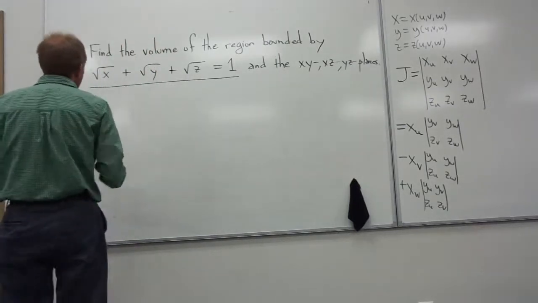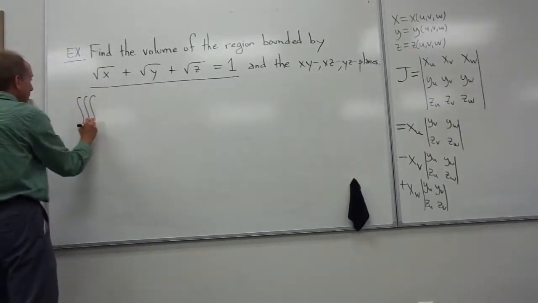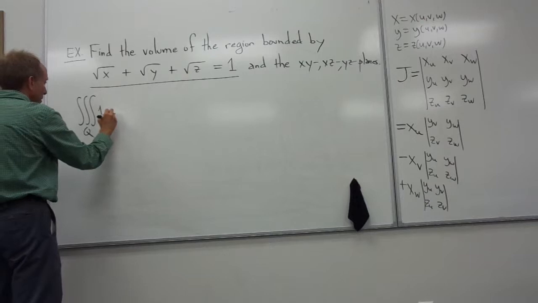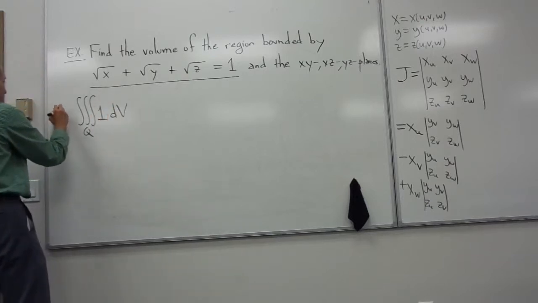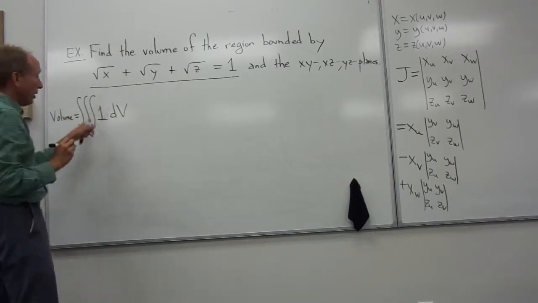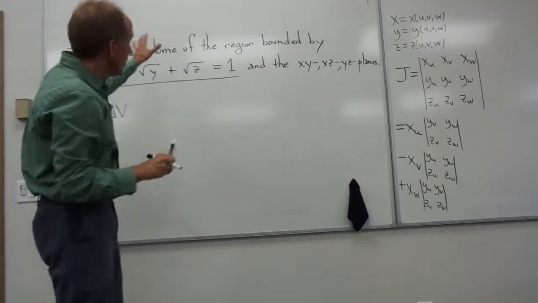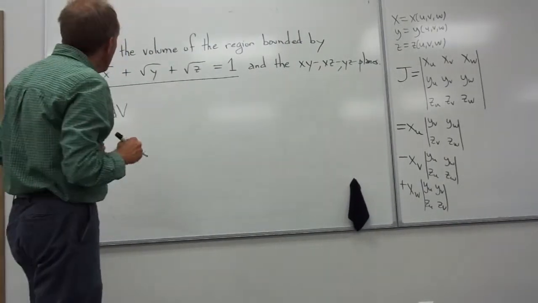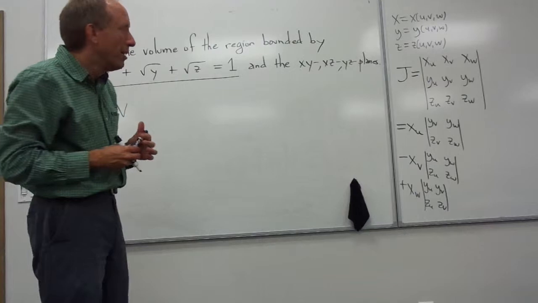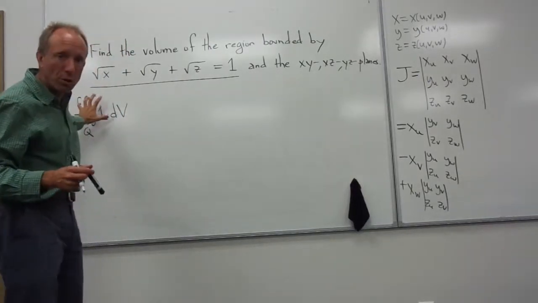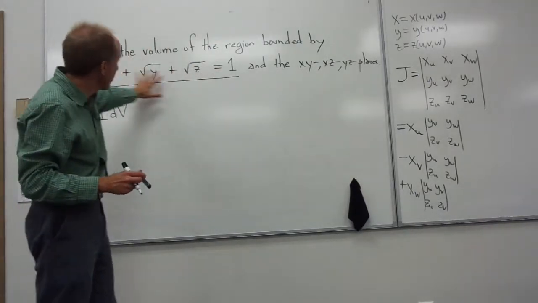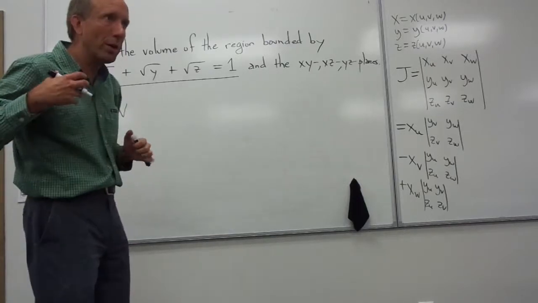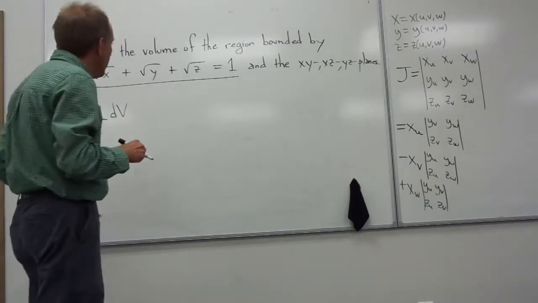What I'm really trying to do here is calculate the volume. So this would be the triple integral of 1 dV over this region. But this region is not well suited for the triple integral, just because this particular surface is not one of our familiar surfaces.